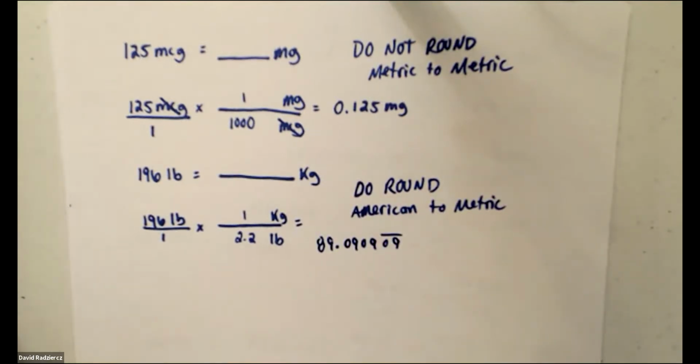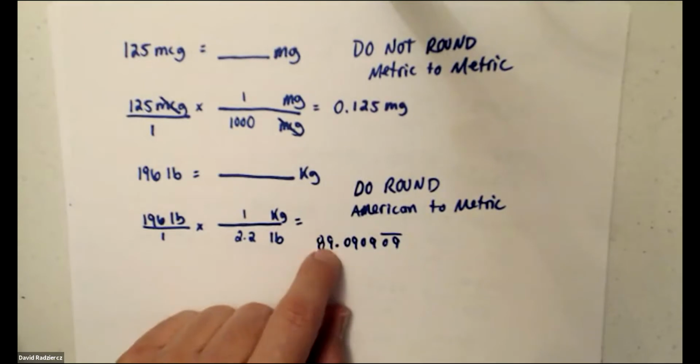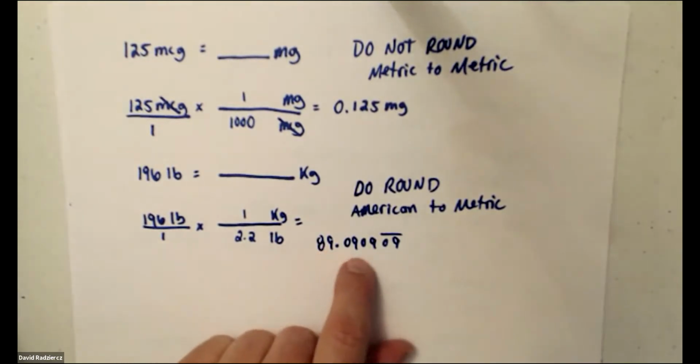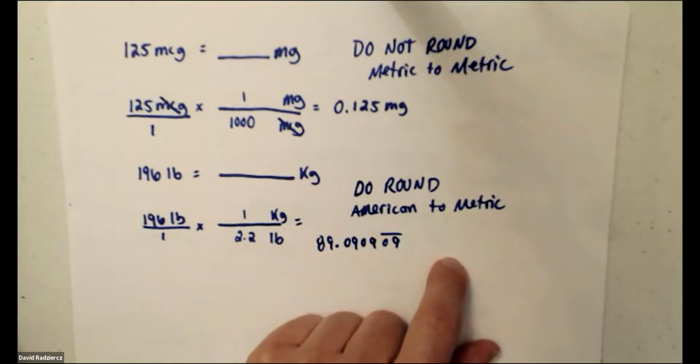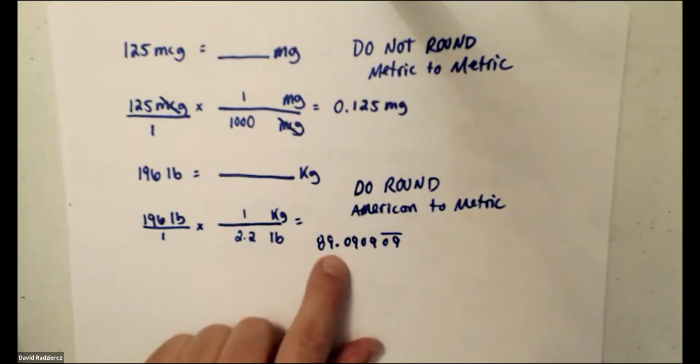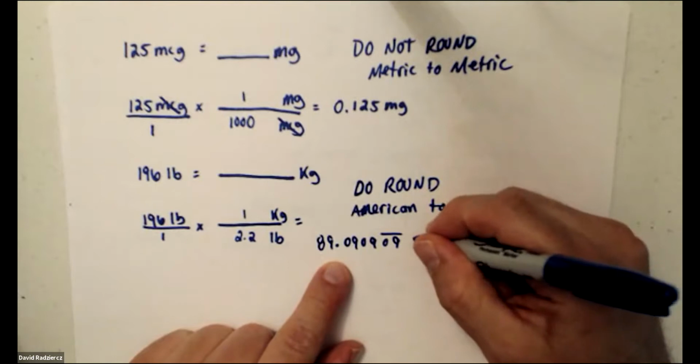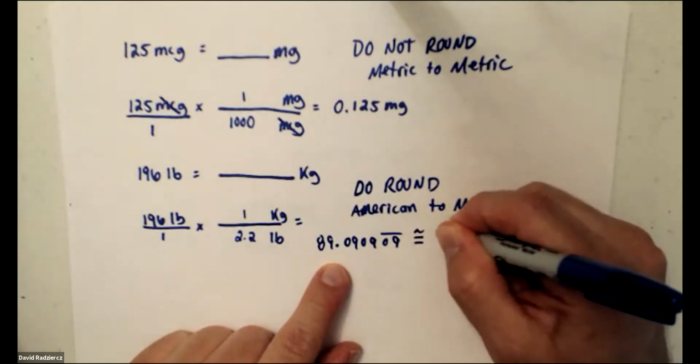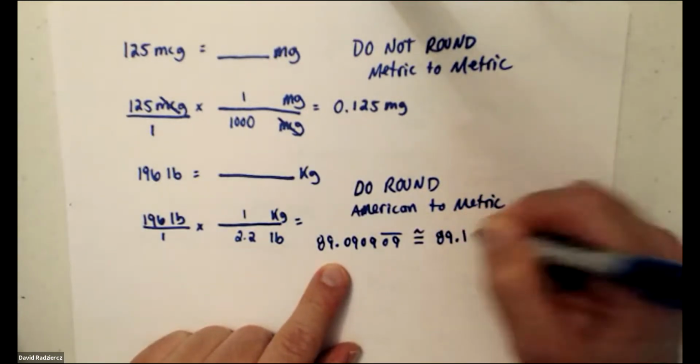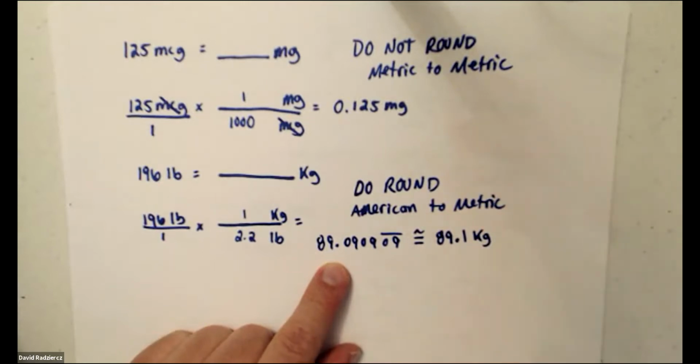Okay, so that's also a clue for you why you would round this, because you get this long, ridiculous number. And so it makes sense here to go ahead and round to the nearest 10th. So for this one, it would be 89.1 kilograms.